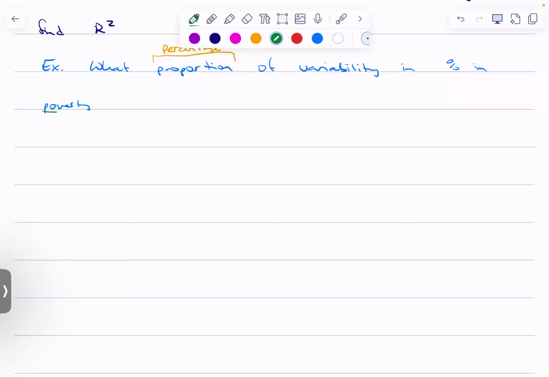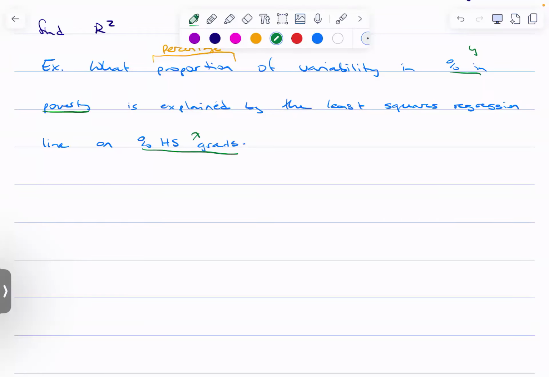That's your Y. Is explained by the least squares regression line on percentage of high school grads, which is your X. All right, but it's going to have the variable names in there, and that's what makes it so boggy.